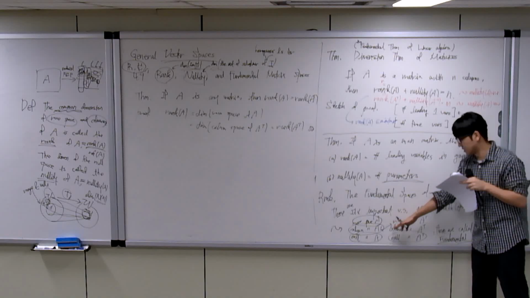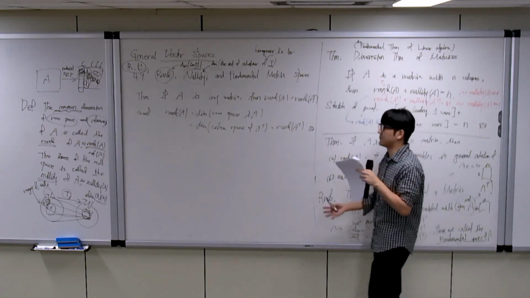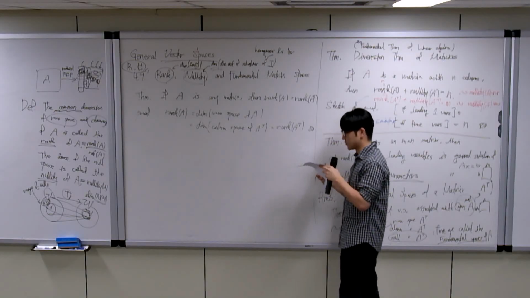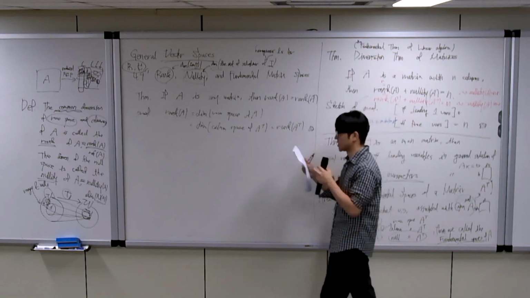So, as I said, we have only 4 important vector spaces for matrix A.